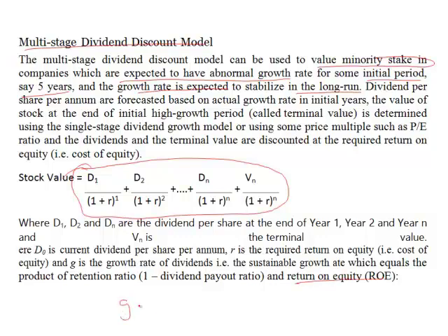So the growth is equal to what? Like we said earlier, 1 minus dividend payout ratio multiplied by return on equity. So that is how the growth is calculated.